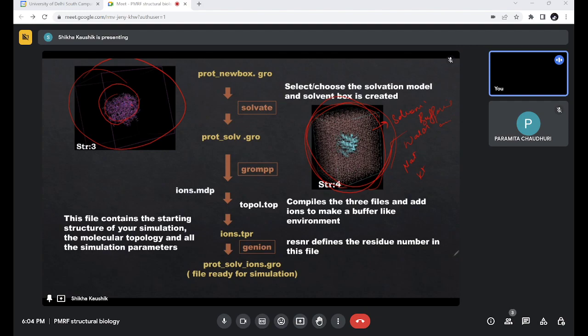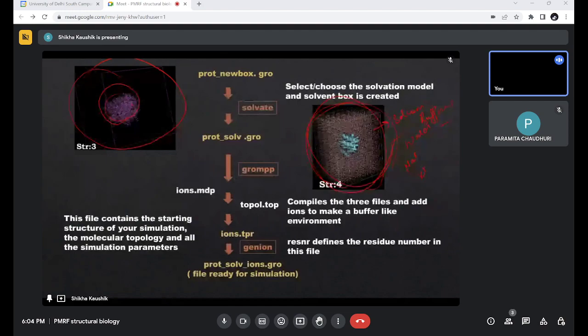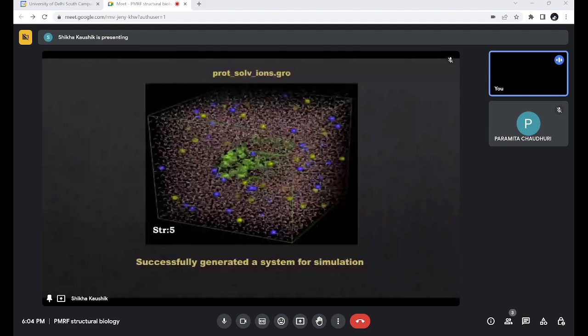First you have given it a solvent, for example water, and now you're adding ions to it. Once you have added the ions, and you have given all the things that mimic the actual buffering situation, now you are ready to simulate. Now you have your final structure where you have water molecules, your ions, sodium, potassium, all kinds of ions that are present in your actual system.